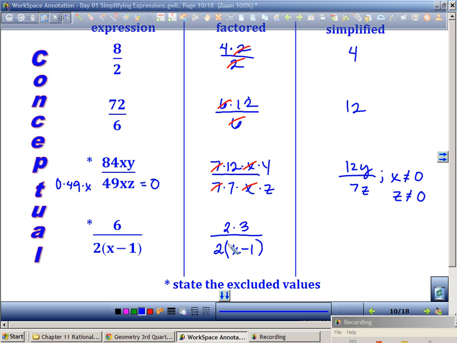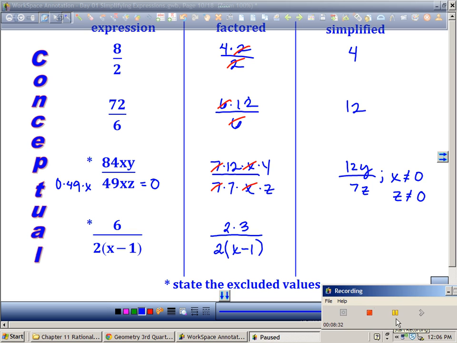We call this, I'm trying to think, what do we normally call that? Not a monomial. Okay, so we call this a quantity.